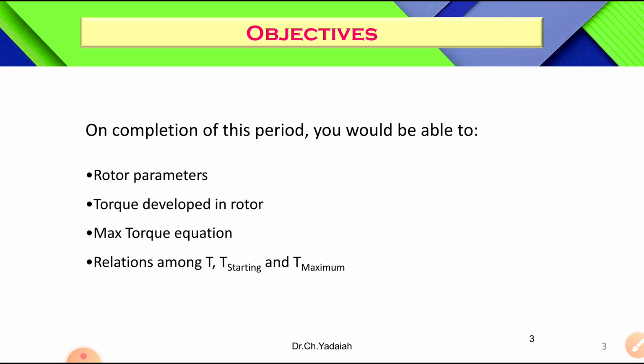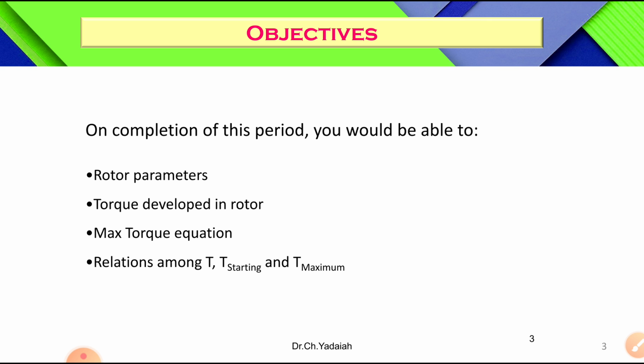At that condition, what are the rotor EMF, rotor frequency, rotor reactance values? These factors, how they affect current and power factor of rotors, and overall how the torque changes based on this speed at slip speed.